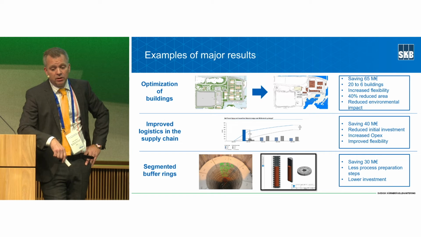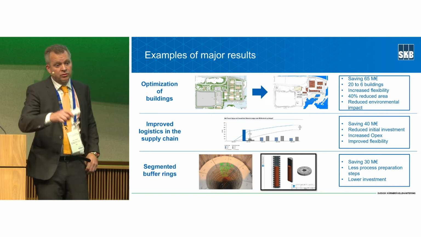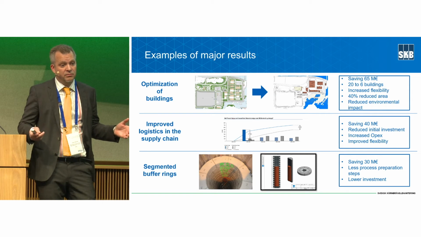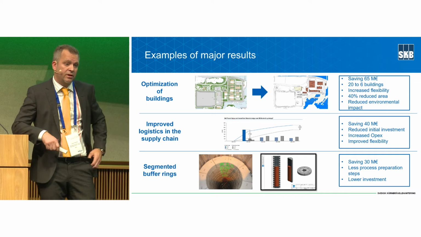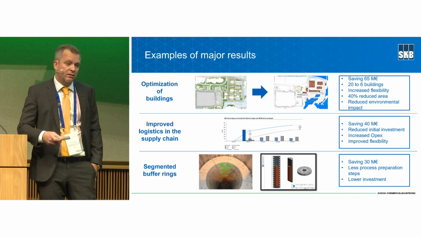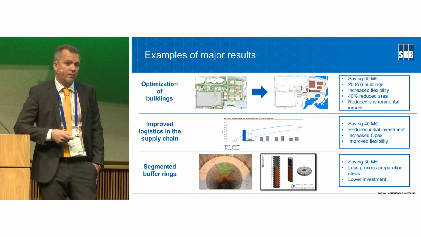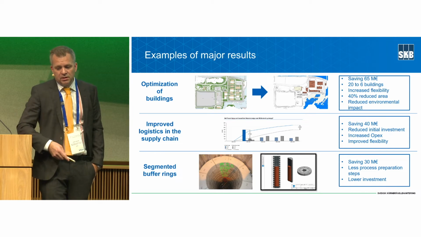One other thing that we looked at was the logistics of the bentonite sourcing strategy. We had an idea that we should source large bulks of bentonite, and then we had huge storages close to Forsmark, and then transport by smaller boats into the Forsmark harbor for our needs.